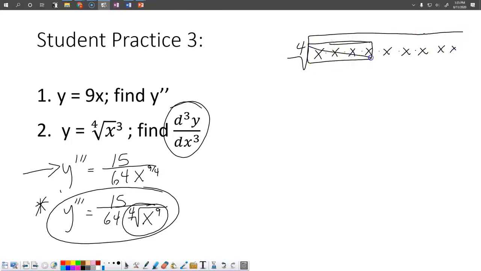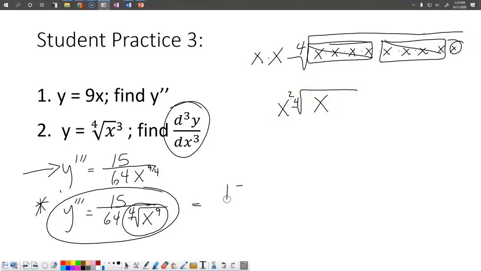So for every group of 4, you can cross that off and put an x on the outside. So actually, this is x squared multiplied by the 4th root of 1x is left inside. So another way you could write this would be like that.